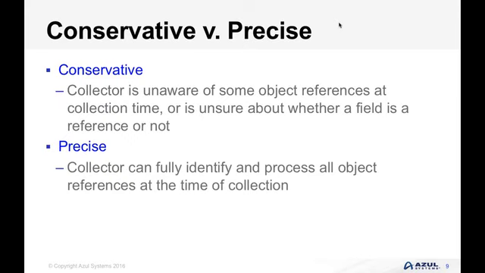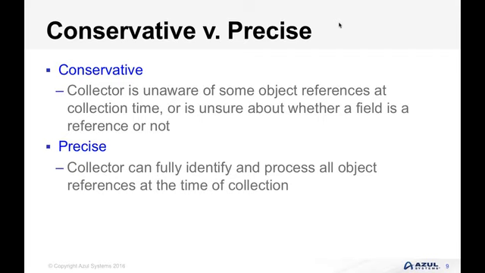We also have the idea of what are called conservative collectors and precise collectors. Conservative collectors are ones where not necessarily all of the object references are tracked by the virtual memory system. It will keep track of most of them, but there may be some, because of strange things, circular references is a good example, where it may be that the garbage collector is not necessarily completely sure whether a field is still referenced or not.